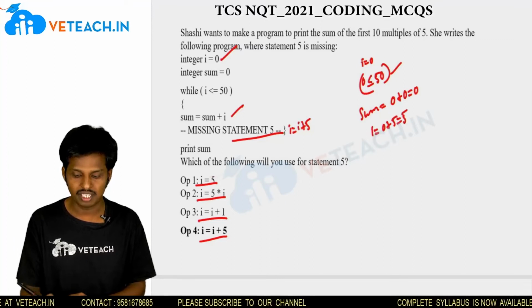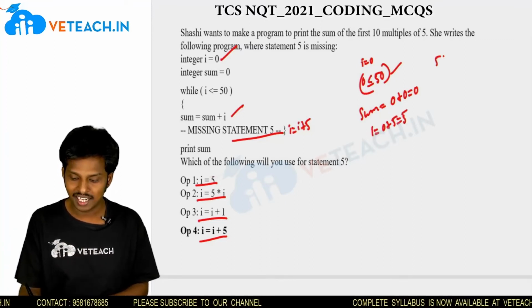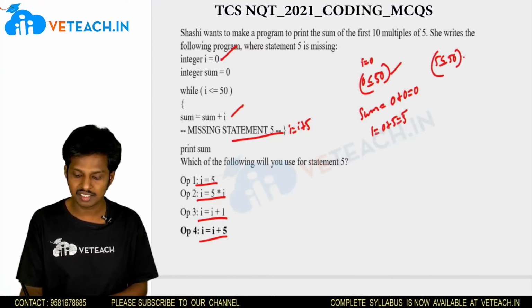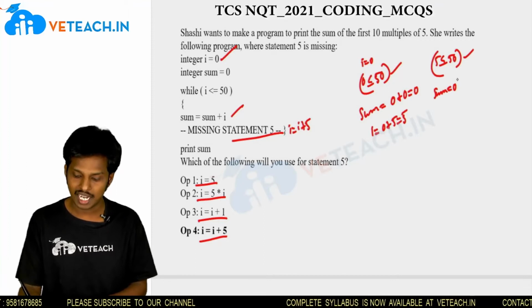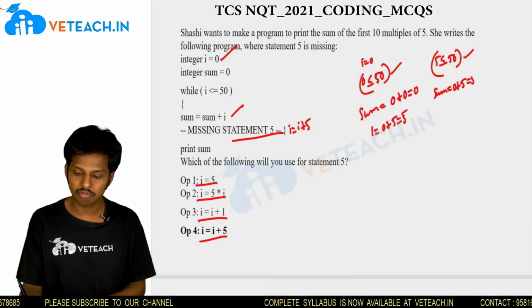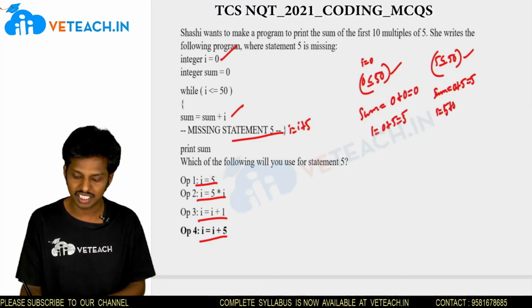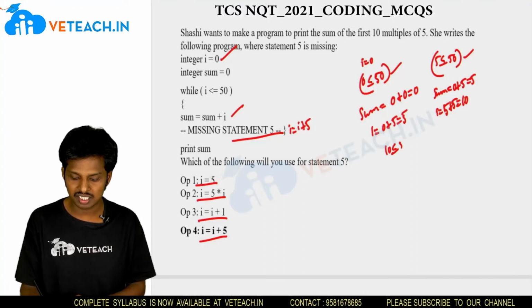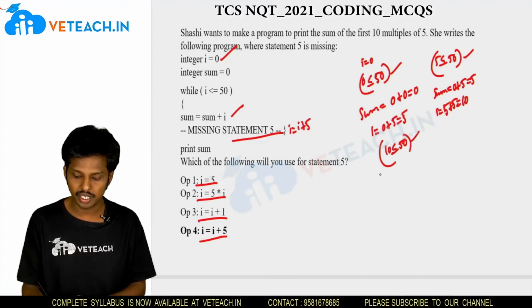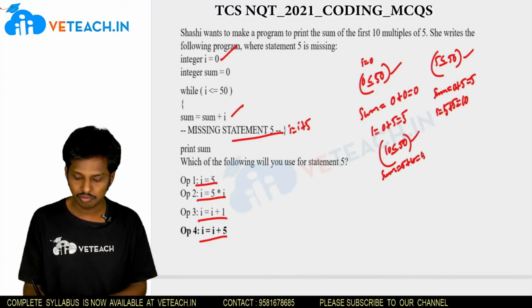This is 5. Next, since it's a while loop, when we go back, 5 less than or equal to 50 is true. Sum is equal to the already existing sum, 0, plus I, which is now 5. It becomes 5. And then I is equal to I plus 5: 5 plus 5, that is 10. When we go back, 10 less than or equal to 50 is true again. Sum becomes 5 plus 10, which is 15.